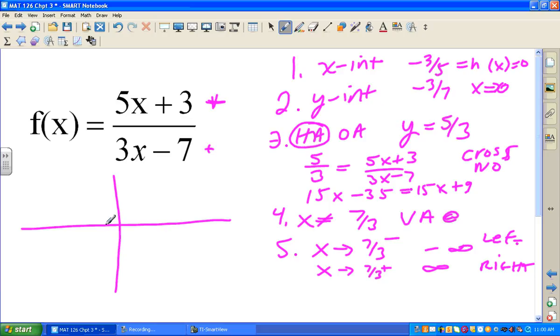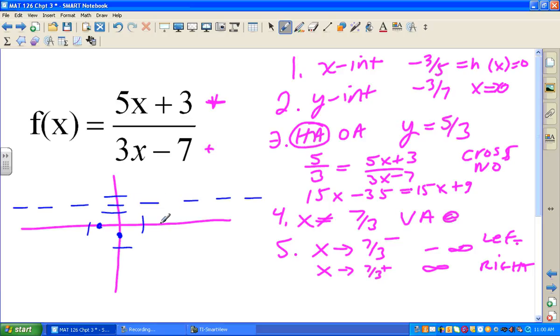Negative 3/5 is the x-intercept. The y-intercept, negative 3/7. Probably somewhere right about there, don't you think? Horizontal asymptote at 5/3. So that'd be 1 2/3.